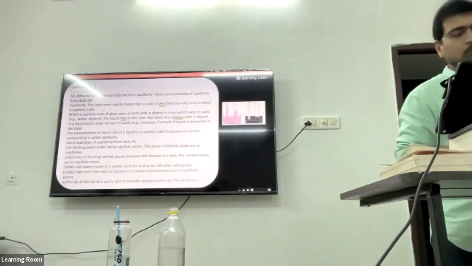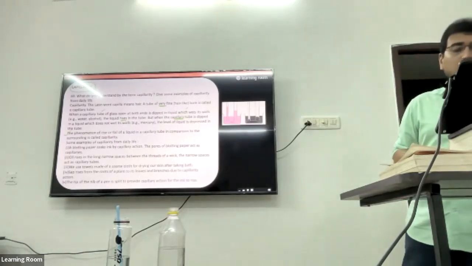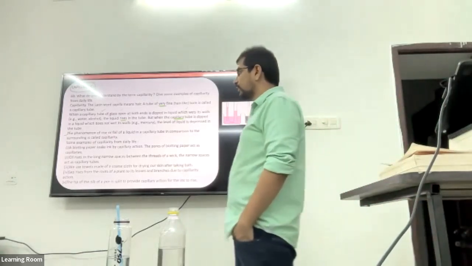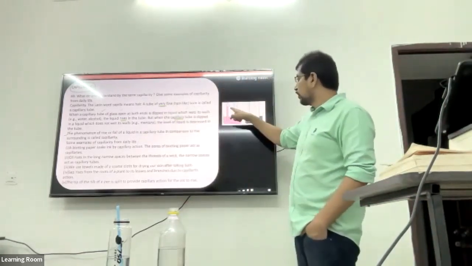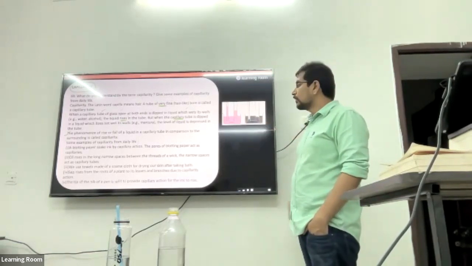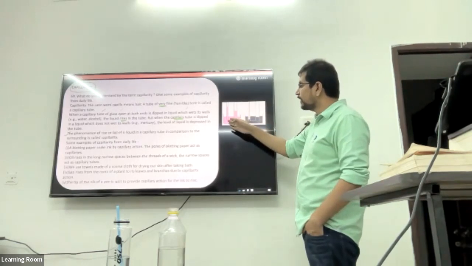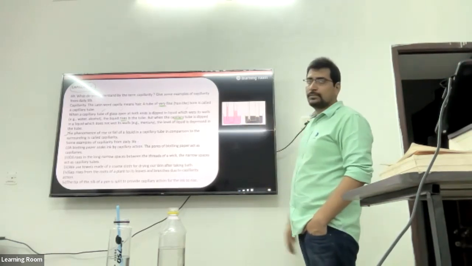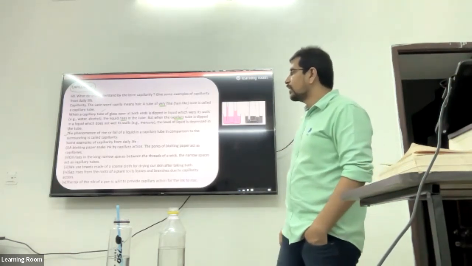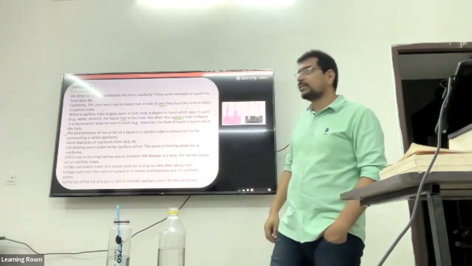So the phenomenon of rise or fall of liquid in a capillary tube in comparison to its surroundings. Here the liquid is rising, whereas inside the mercury it is dipping. So this phenomenon is called capillarity.